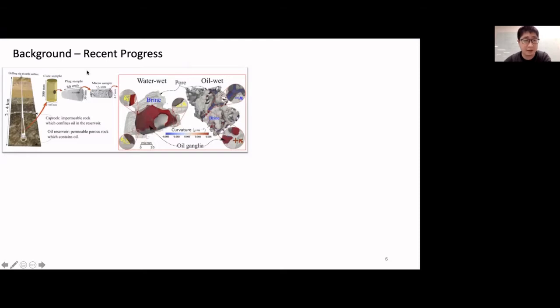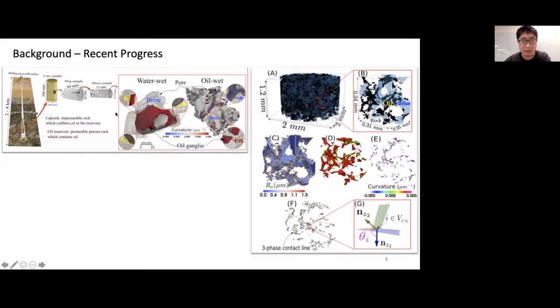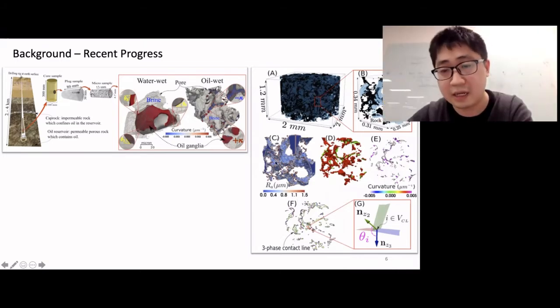Then there's a more practical application where they use a core from the underground and conduct a CT scan. Basically, due to the different attenuations of different materials like oil, brine and solids, they can distinguish the different phases in the images, constructing a 3D image of how the oil, the brine, and the solids distribute in 3D space.